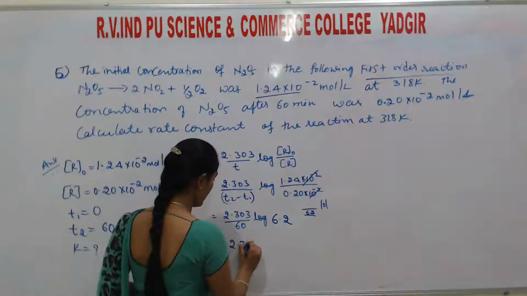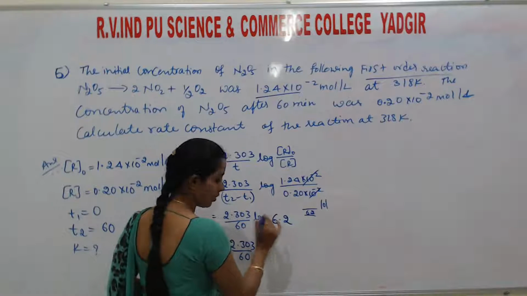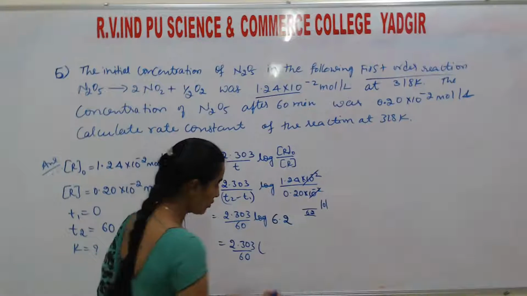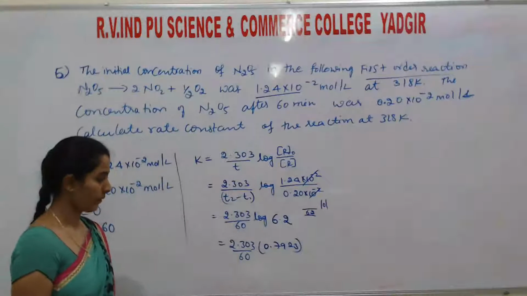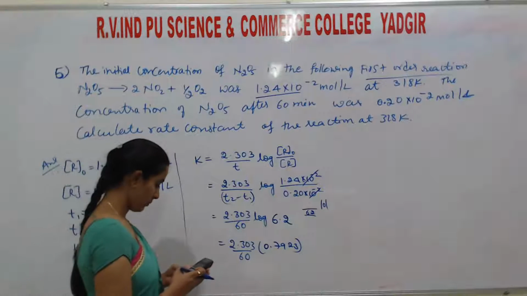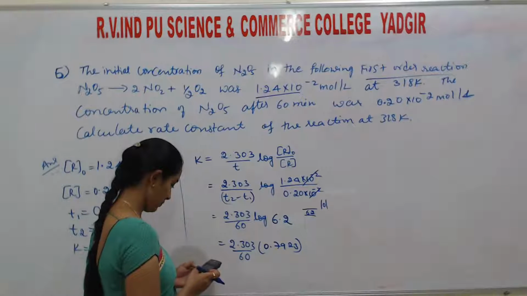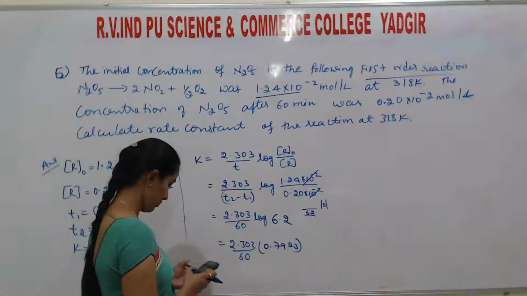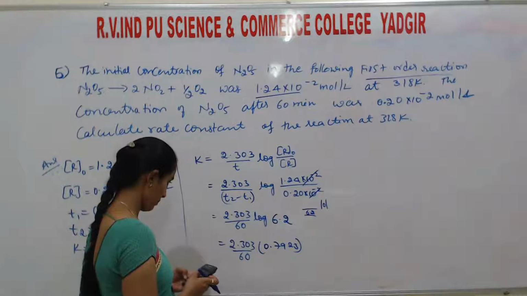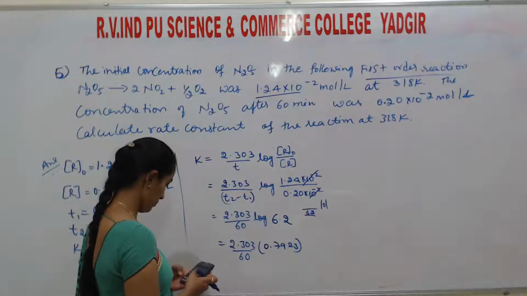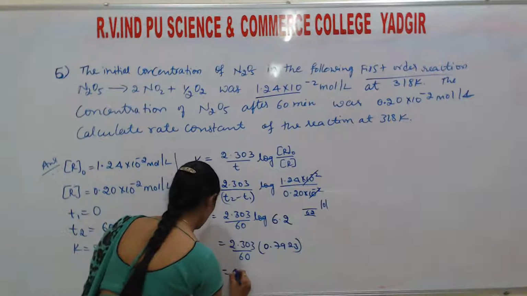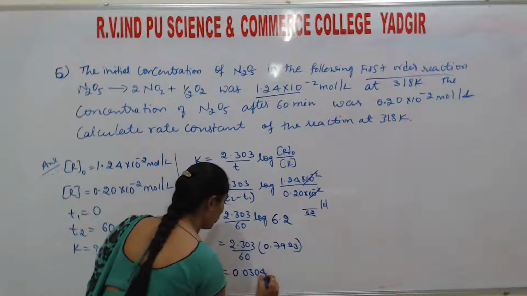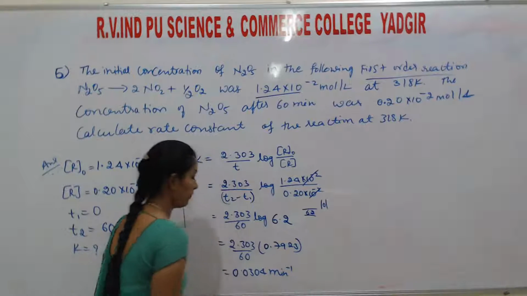So 2.303 by 60 times log of 6.2, and we will get 0.0304 minute inverse.